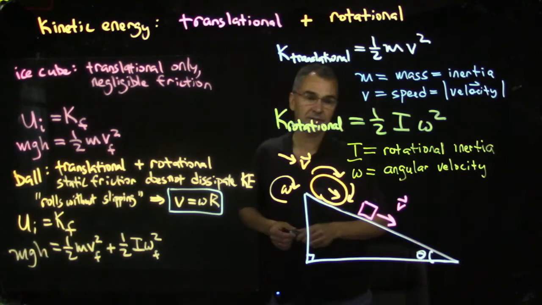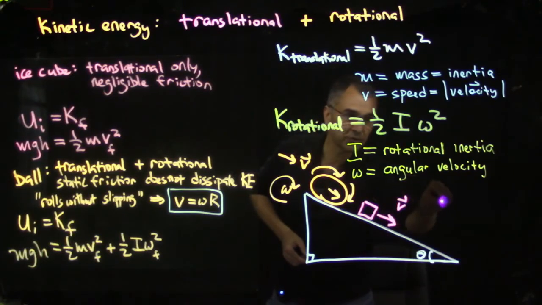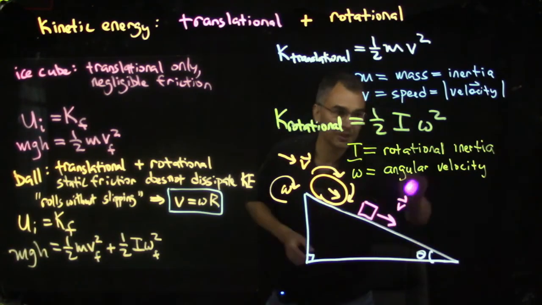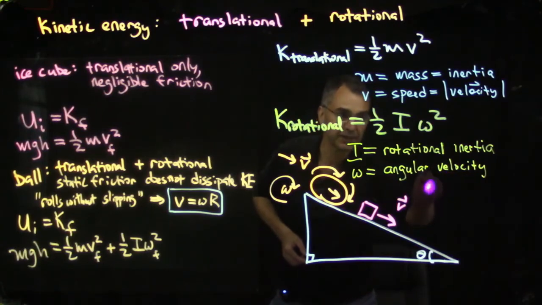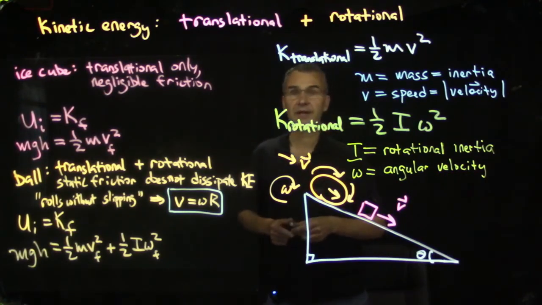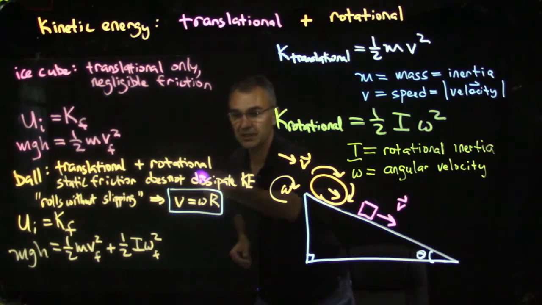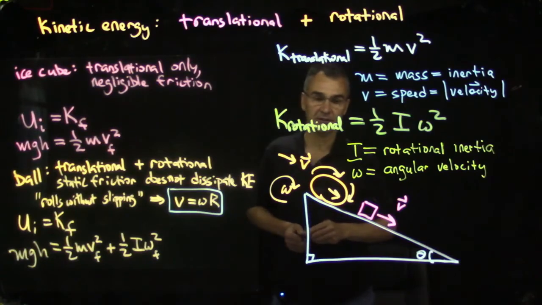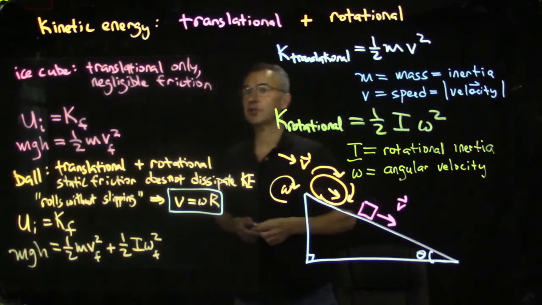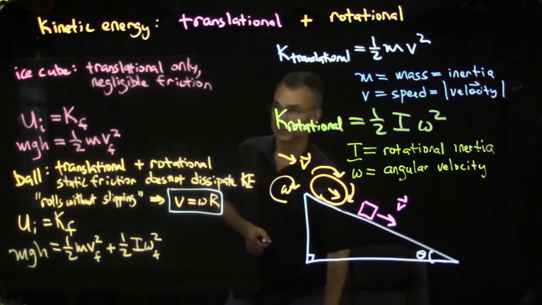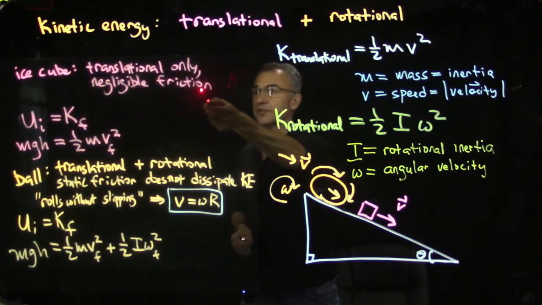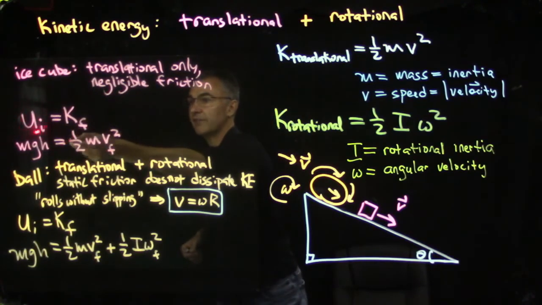So every time the ball moves a distance 2 pi r, it must go around 2 pi radians. So rolling without slipping turns out to have the speed related to the angular velocity by the expression v equals omega r.